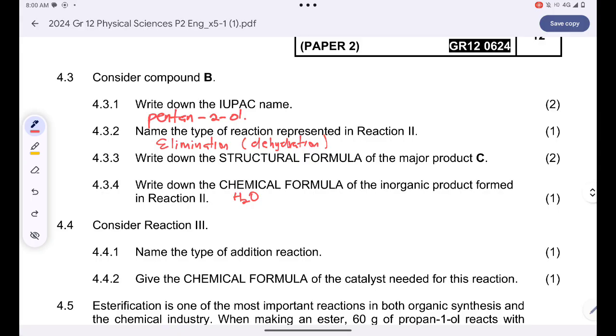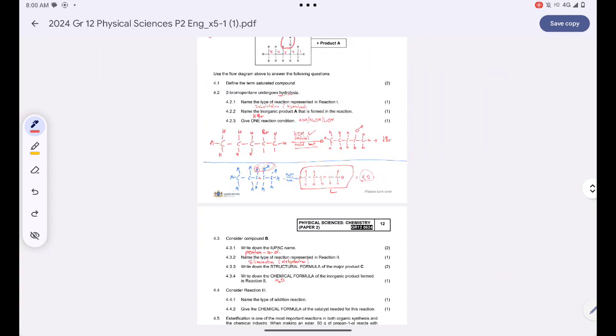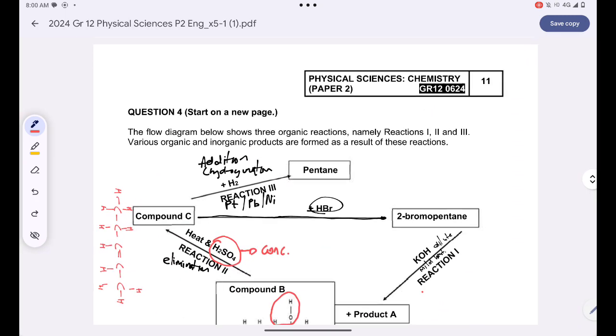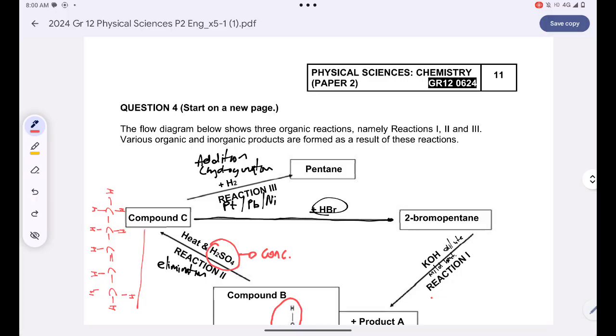Okay, and then for reaction 3, they want us to name the type of addition reaction. In reaction 3, guys, you are moving from this unsaturated hydrocarbon into a saturated hydrocarbon, which is pentane. For us to do that, we must add hydrogen. Né? The type of addition reaction is just hydrogenation, and the catalyst needed is platinum or lead or nickel.